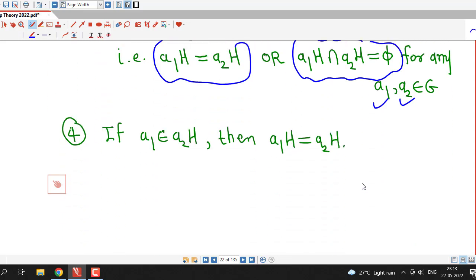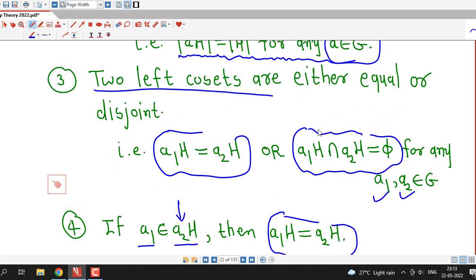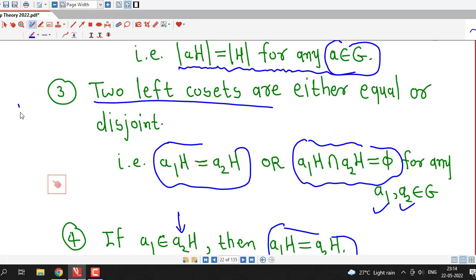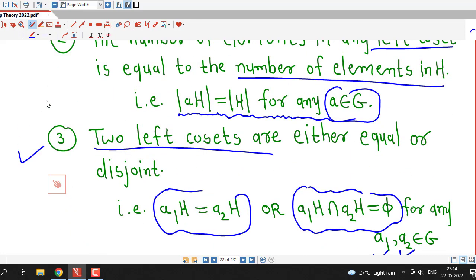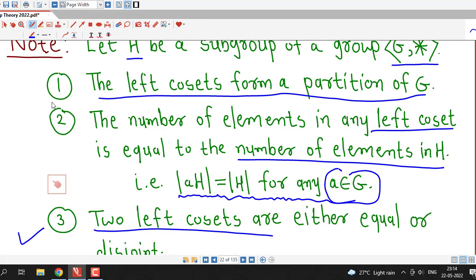And we have seen this property also. If A1 is an element of left coset corresponding to A2, then cosets corresponding to A1 and A2 are always equal. So we are going to use these properties in proving Lagrange theorem. Cosets are either equal or disjoint.